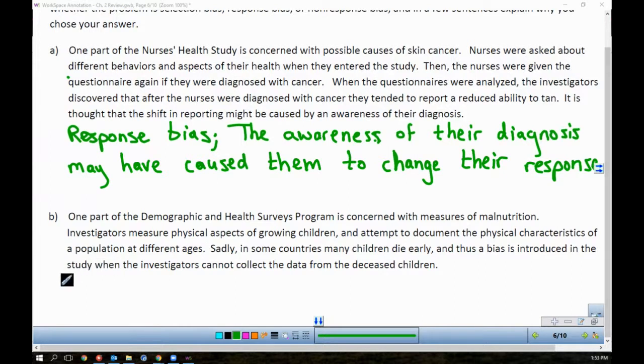Non-response. And why do we say it's non-response? Some weren't able to respond, so they were unable to select the deceased. That's right. They can't collect the data if the child was deceased.